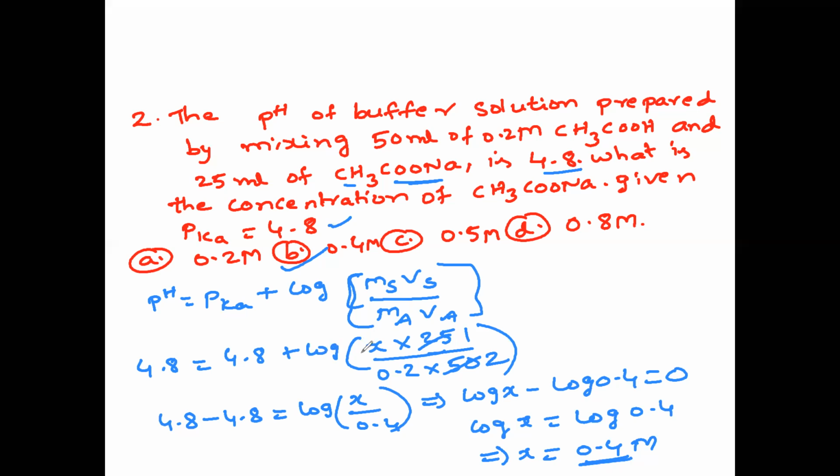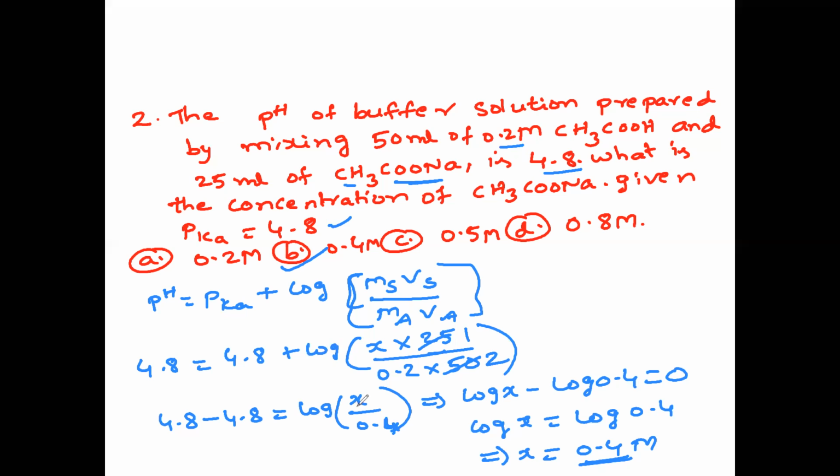Molarity of salt we have to find out, so it is taken as X, and volume of salt is given as 25 because it is 25 ml of sodium acetate, by molarity of acid, 0.2, into volume of acid, 50. So it is 1 by 2. So X by 0.2 into 1 by 2, that is log X by 0.4, is equal to, bringing 4.8 to this side, 4.8 minus 4.8 equals log of X by 0.4.